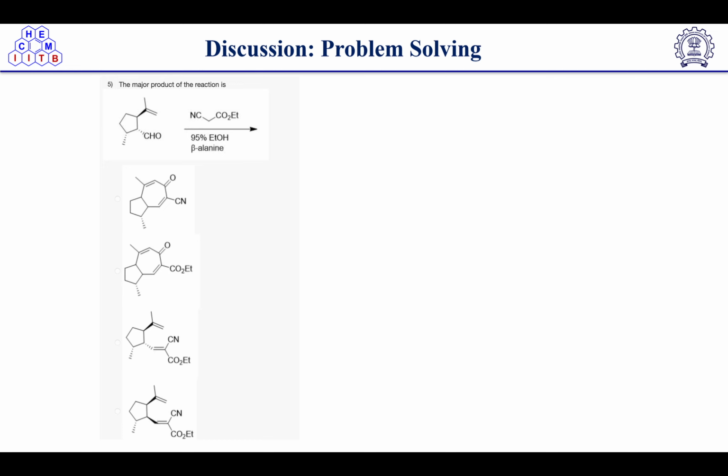The major product of the reaction is. Now another substrate is given on the arrow. Can you see this? Nitrile ester, right? So here we have aldehyde here, and here ester and nitrile. So which proton will be more acidic?